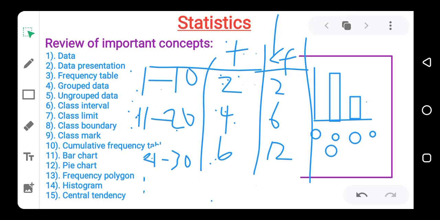Now, in your assignment, or let me solve one example.